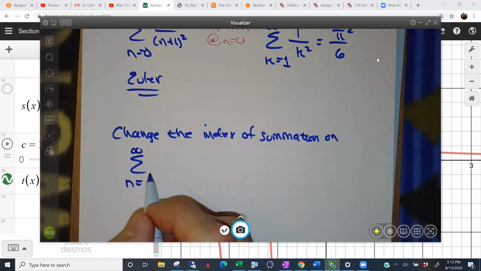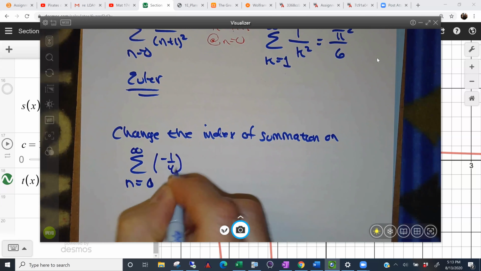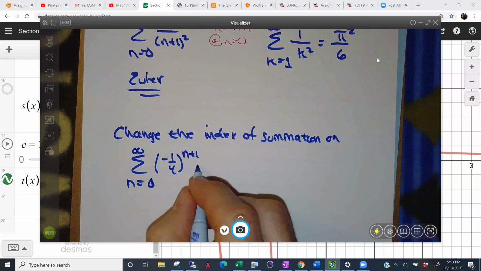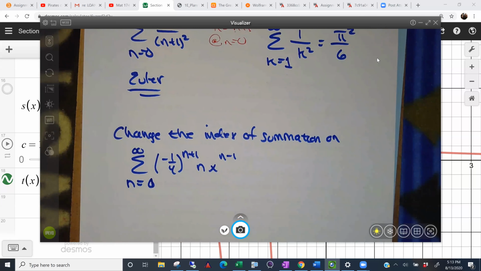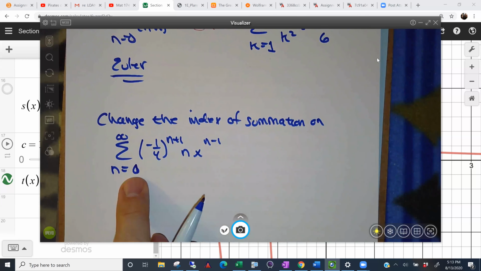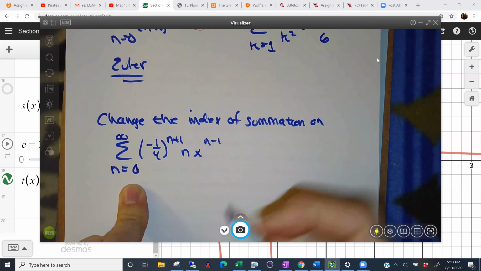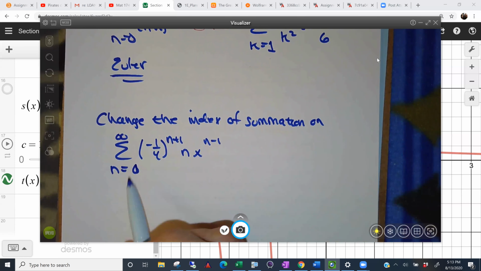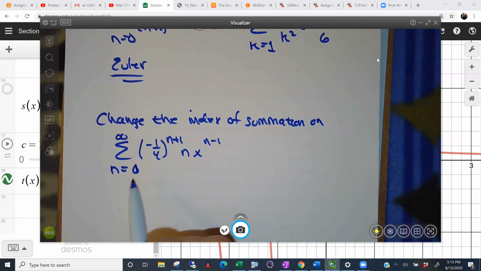So the sum from n equals 0 to infinity of negative 1 over 4 to the n plus 1 power times n times x to the n minus 1. All right. Now I said, you know, if you had a 1 there, that's fine. Just leave it as a 1. Because I want to point out something about this. If you think about this series and you start plugging in the different values, n equals 0, n equals 1, n equals 2, what's going to happen at n equals 0?